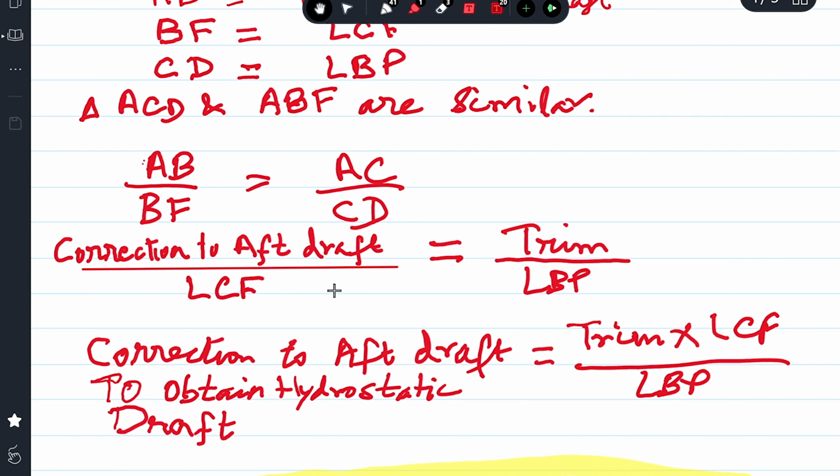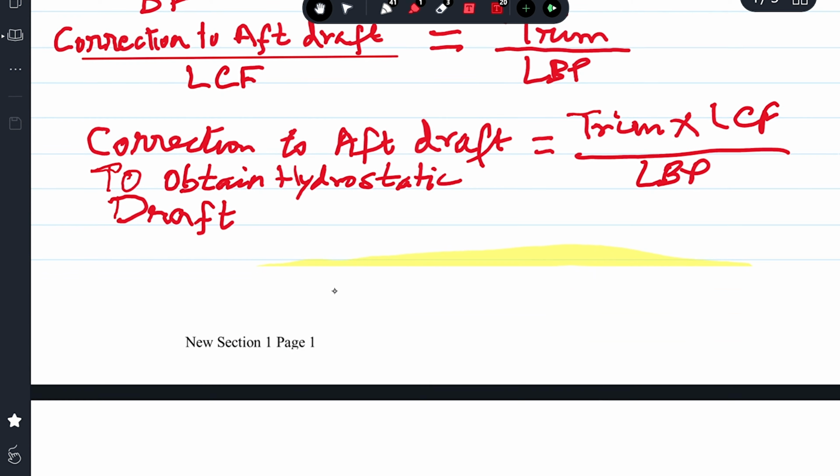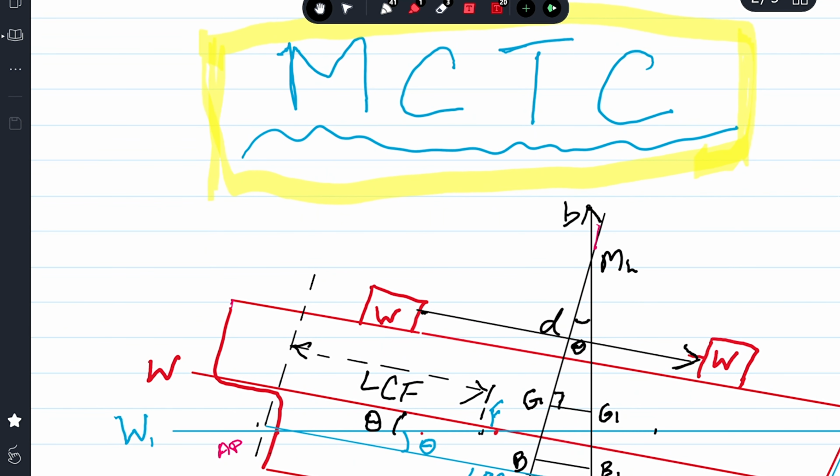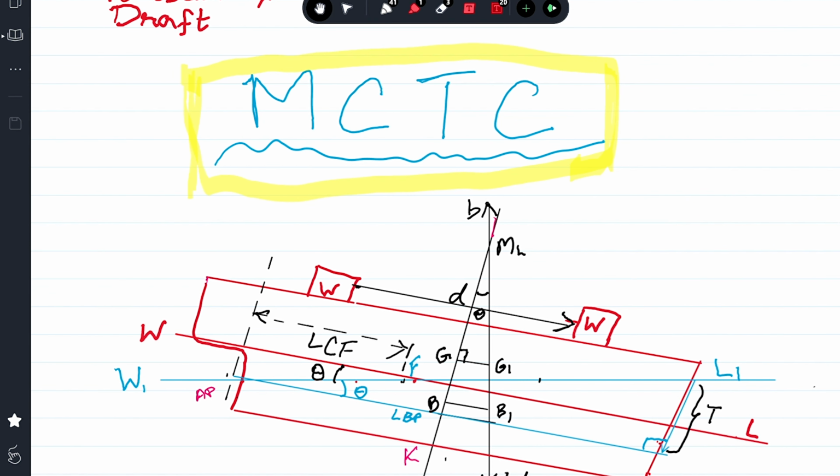Now another important term here is MCTC when we are dealing with trim questions. When you are having the hydrostatic particulars of the vessel, you don't have to worry about it.